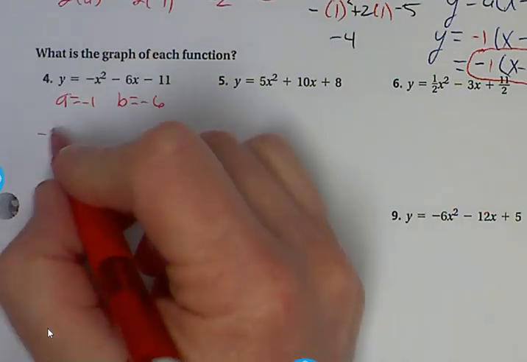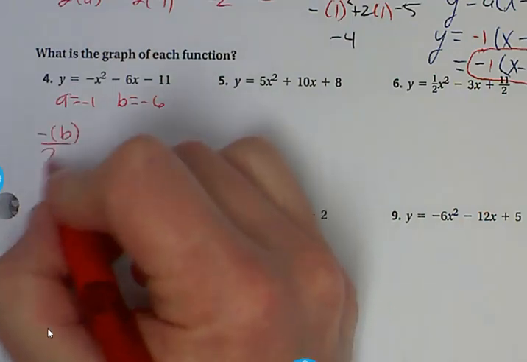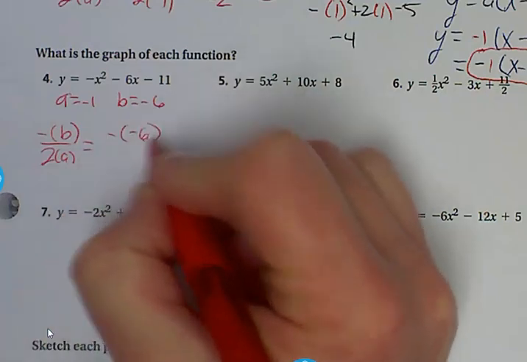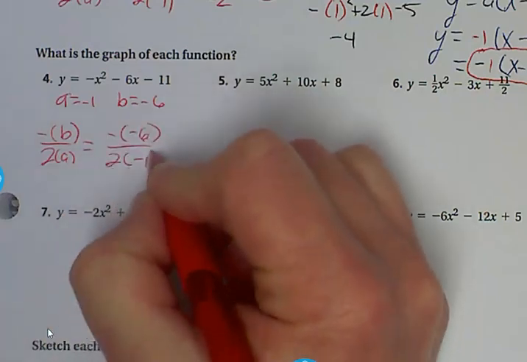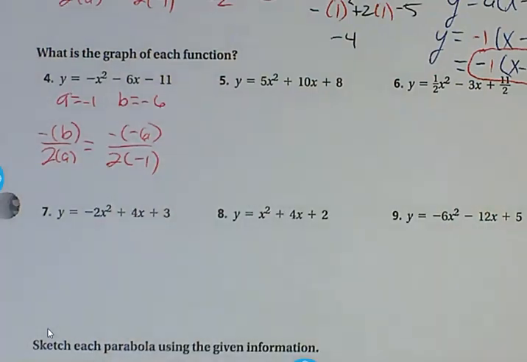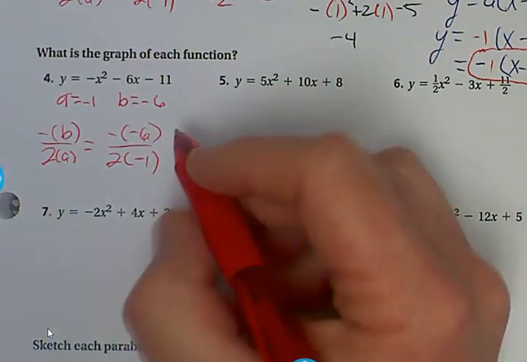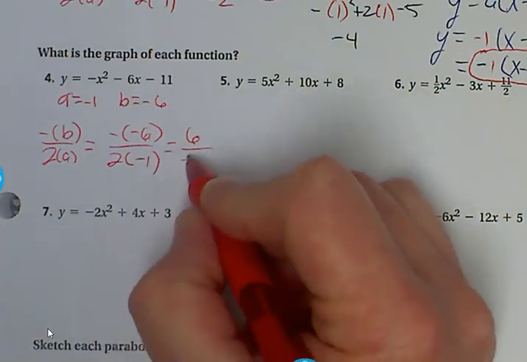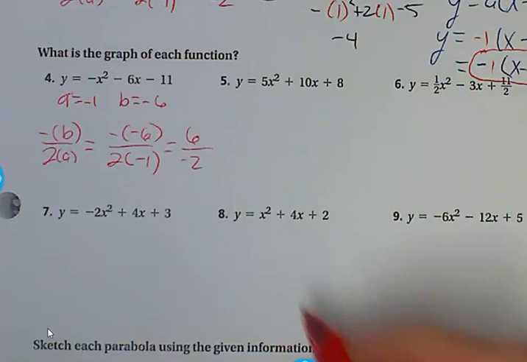So if we do the -b/2a, we got that. Minus negative makes that a 6. 2 divided by -1 is -2. Wait, if you check that number, that would be -3.